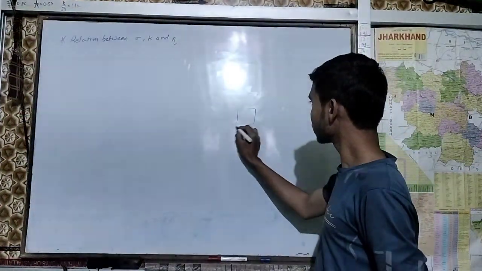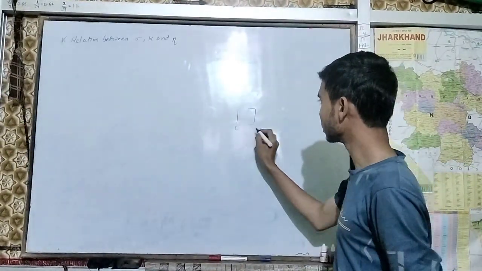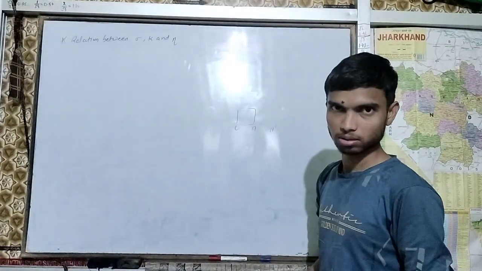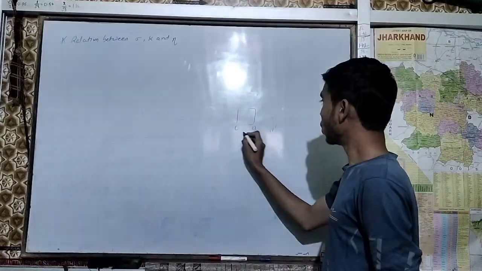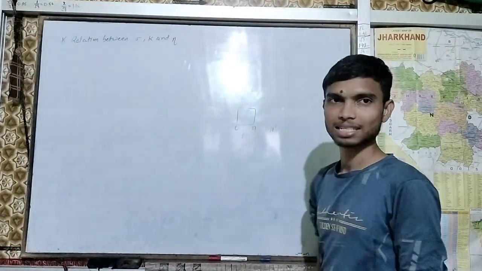Now let's suppose this is O. This is O and this is A and this is A dash. OA, the length of this, was 1, as I said.